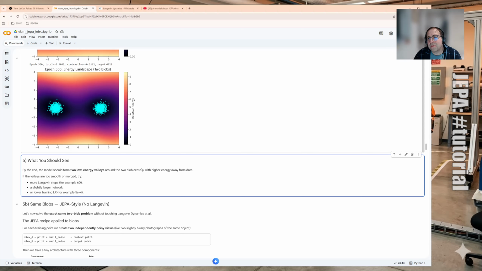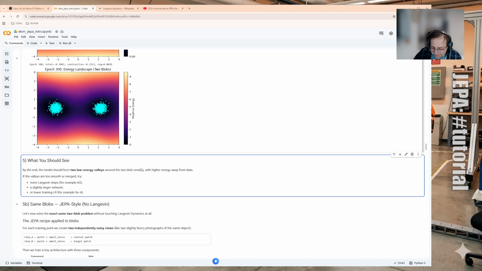And then what you want to do is minimize this difference so that the real points go down and the fake points go up. And you also need some regularization, which is useful to penalize the absolute energy values, because as we mentioned before, the energy function can be infinite.